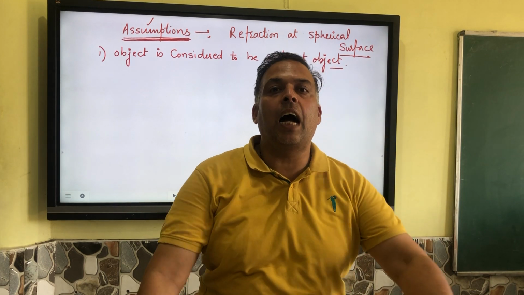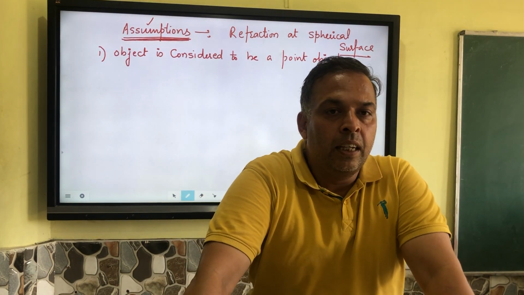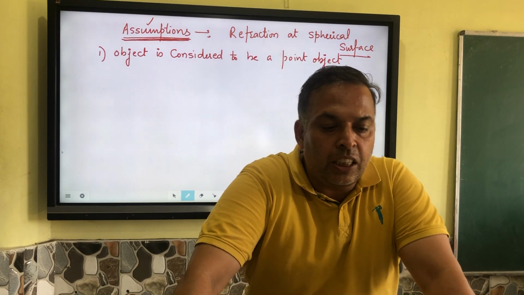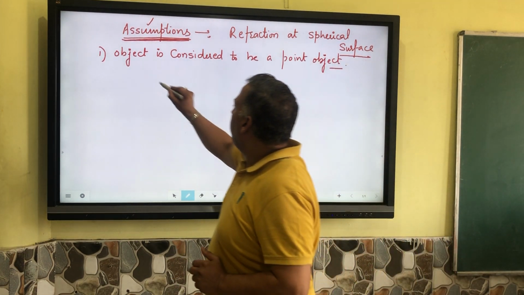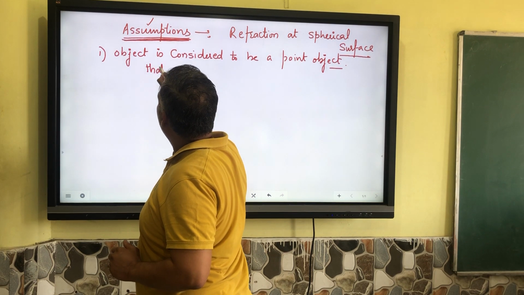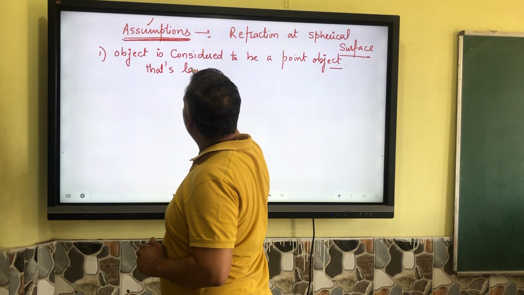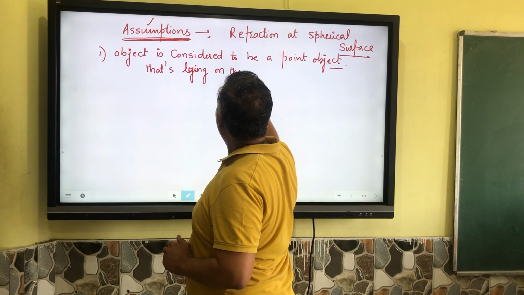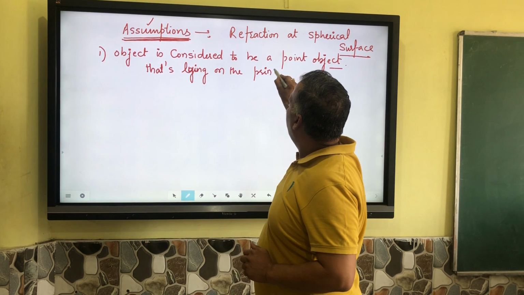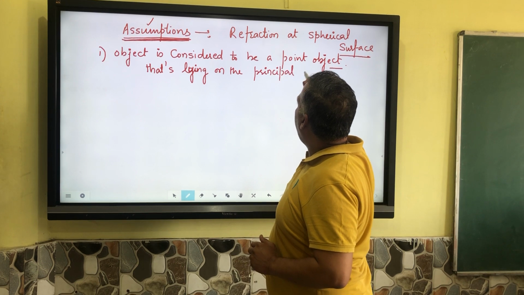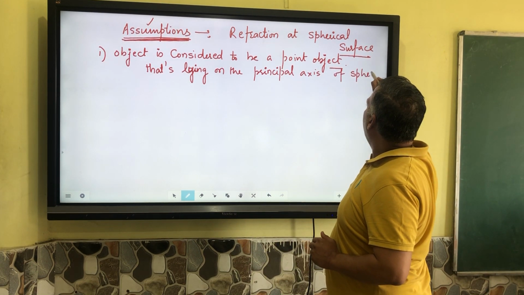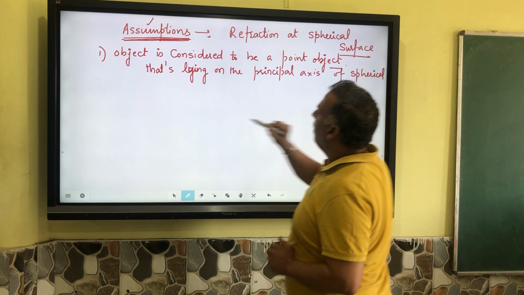We consider it to be a point object that's lying on the principal axis of the spherical refracting surface.